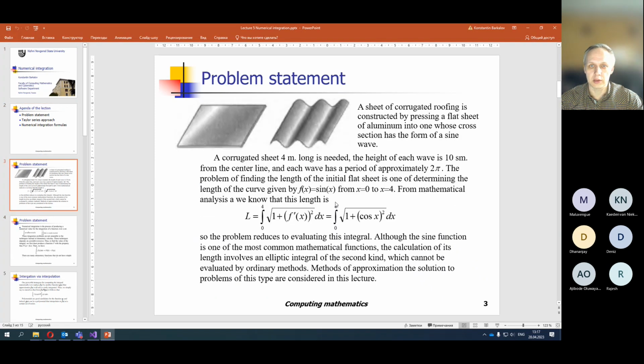Very briefly, where the problem of numerical integration may arise. Suppose that we want to make a sheet like this, where the cross section has the form of sine.